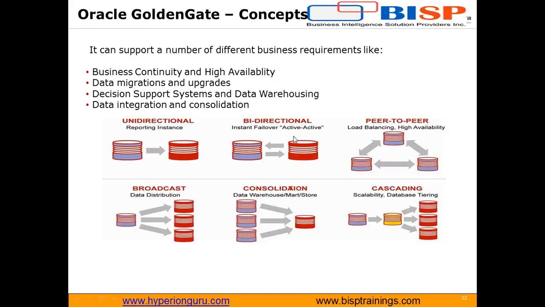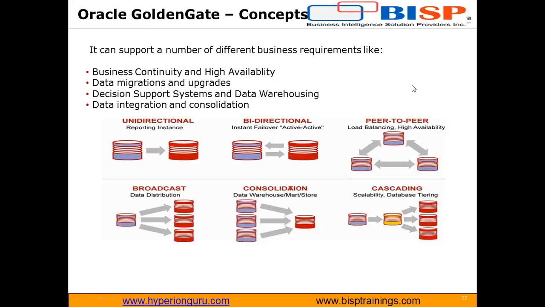It would be active. We discussed yesterday, your bidirectional would be your active. Okay, so the application would be connected to both of them, and in this scenario, your transactions from one source will replicate to another target, and transactions from the second source will replicate to this target.